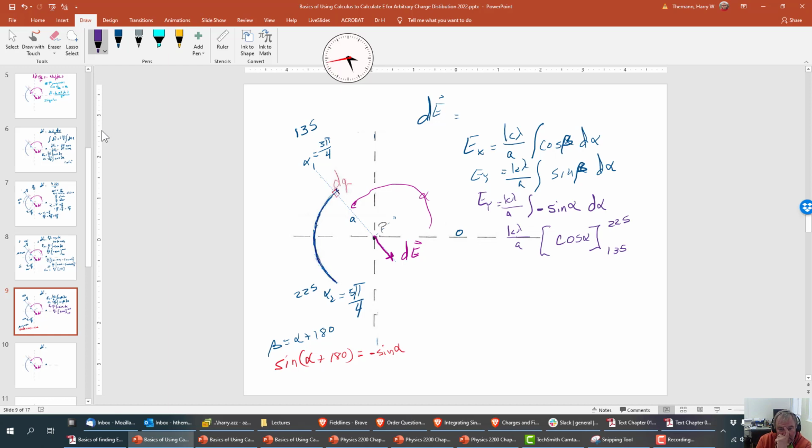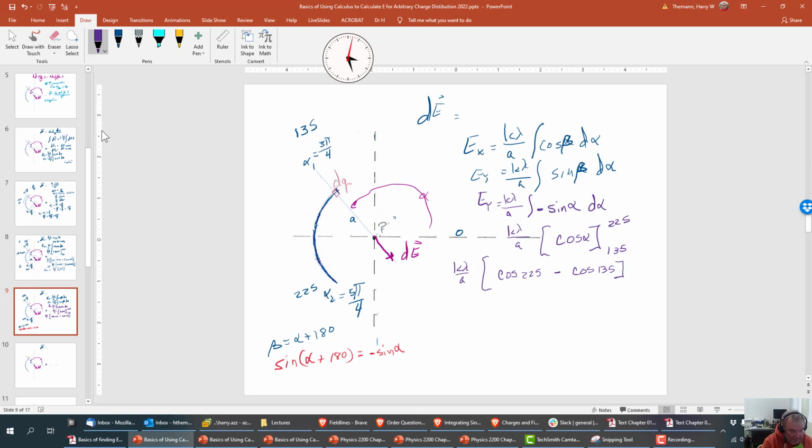And so that's going to be k lambda over a times cosine of 225 minus cosine of 135.